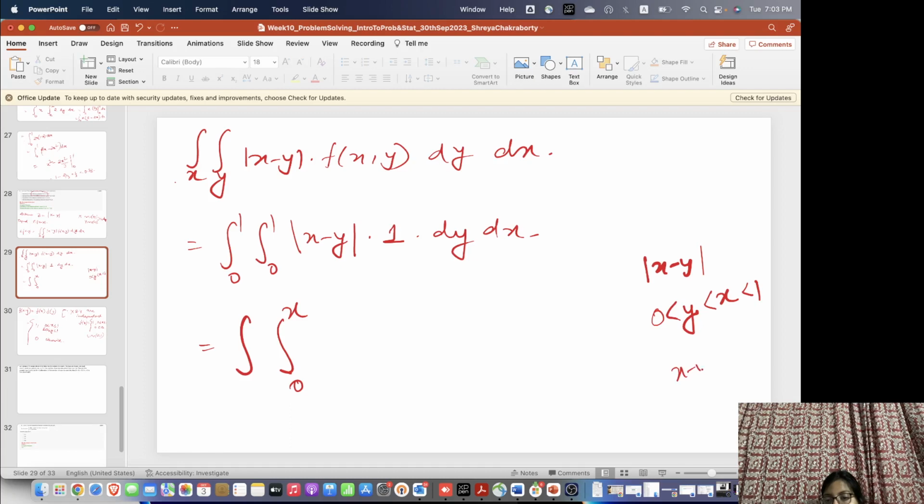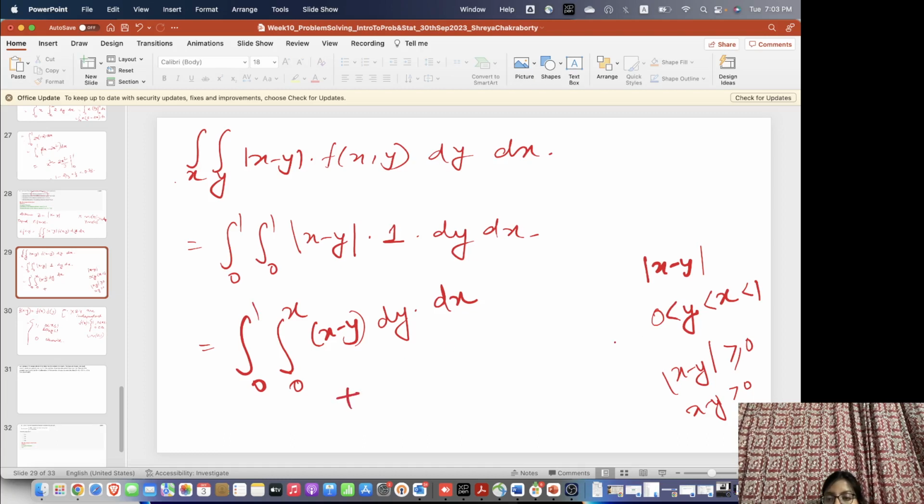Then x minus y will always be greater than 0. So we can write it as x minus y dy dx, where x can take values from 0 to 1.